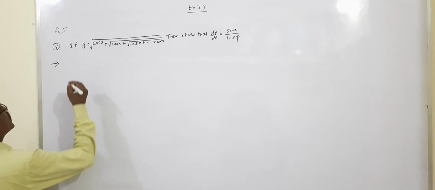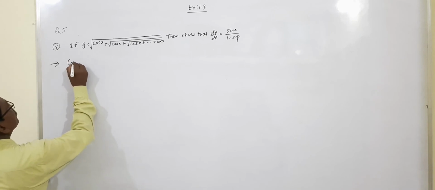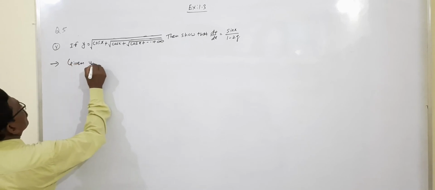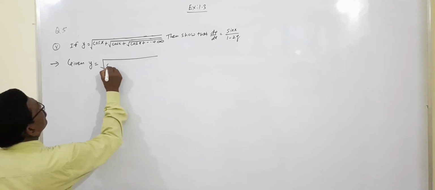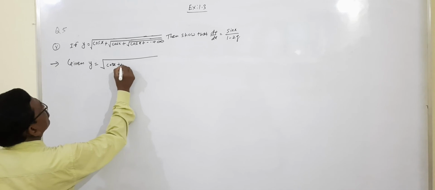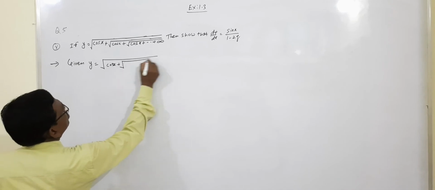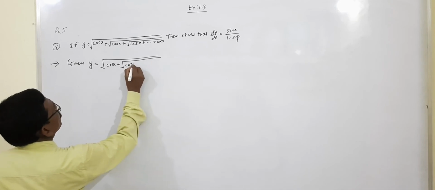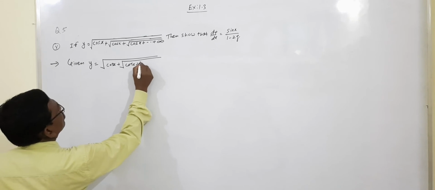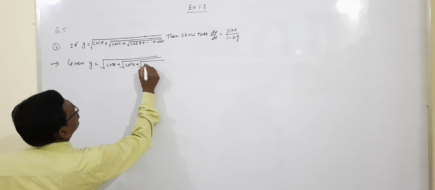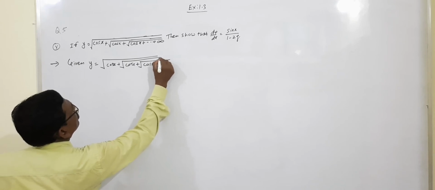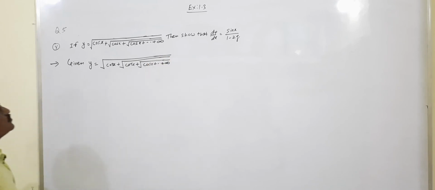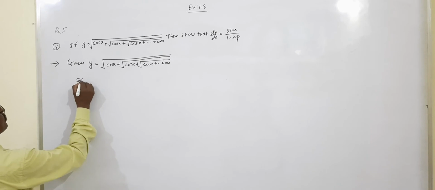Given y equal to root of cos x plus root of cos x plus root of cos x and so on to infinity. Squaring on both sides.